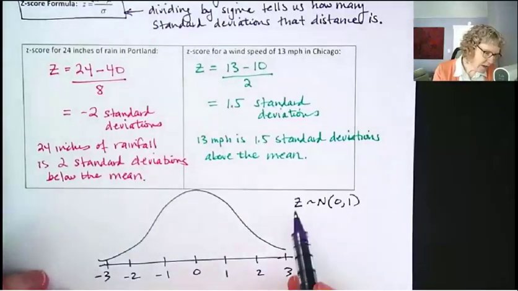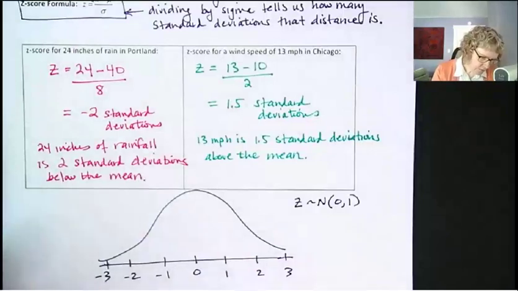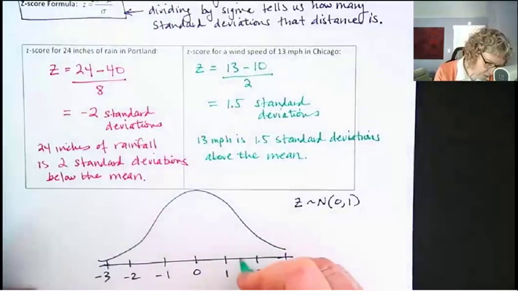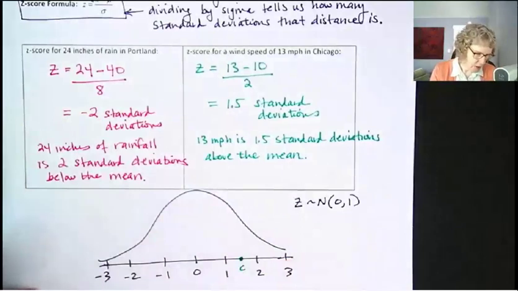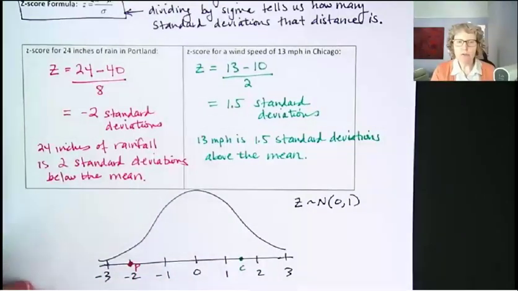Okay, so that is our Z, and then let's notice where Portland and Chicago were on here. So Chicago was 1.5. I'll put C for Chicago. And then Portland was at -2. So there's Portland. So which one was more unusual?